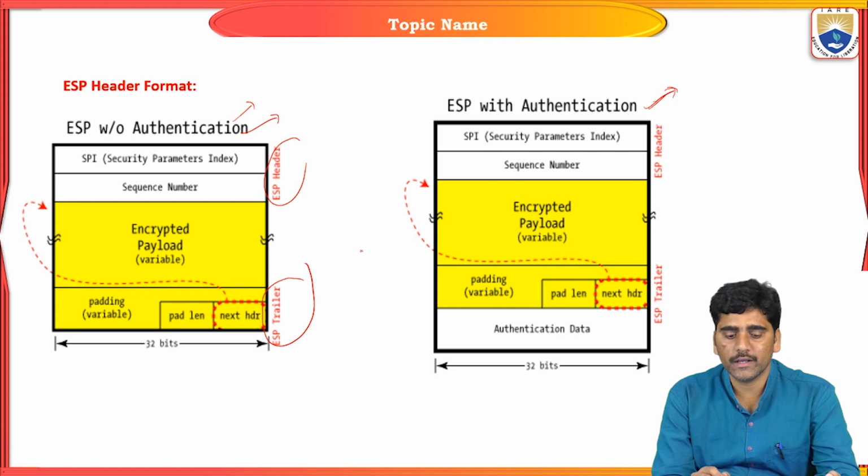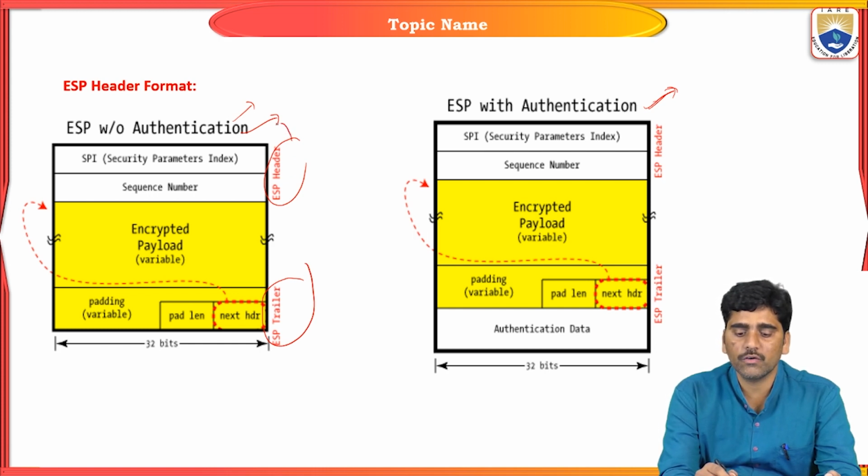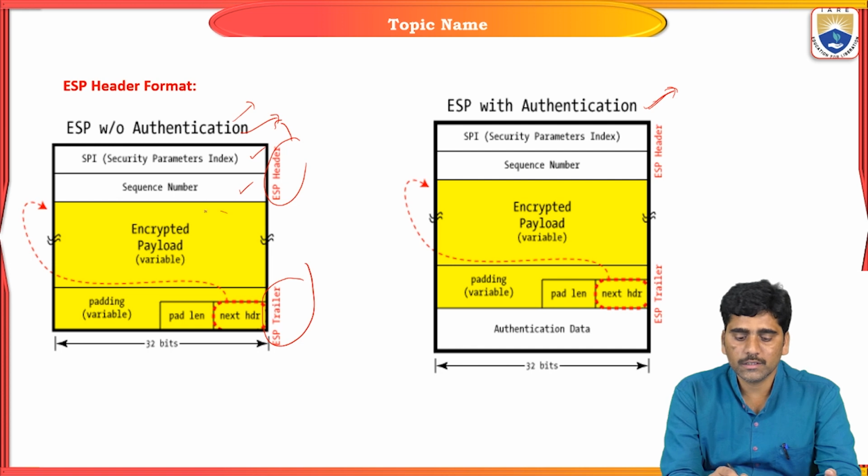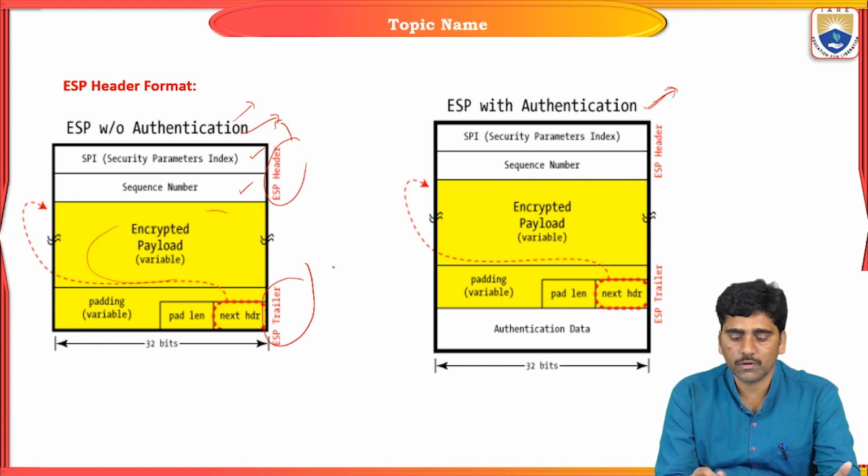Without authentication, what parameters are there? The security parameters index and the sequence number, that is the ESP header. And this is all the encrypted payload, a variable amount of data. Next are the variable padding, pad length, and next header. So here it does not have any ESP authentication data.